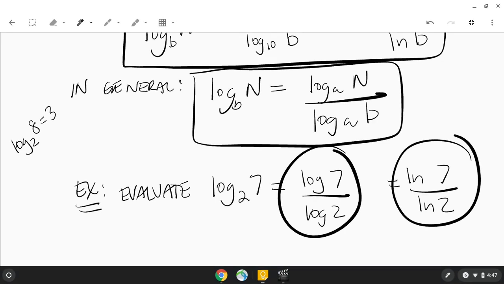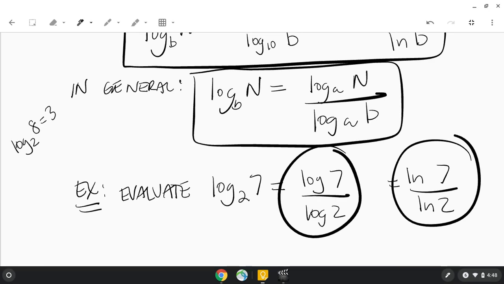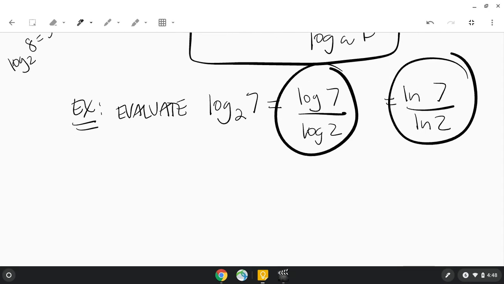Let me pull up my calculator. Again, don't forget to turn your calculator sideways so that you can get all of your scientific buttons. And here, I'll use ln. ln 7 divided by ln 2.